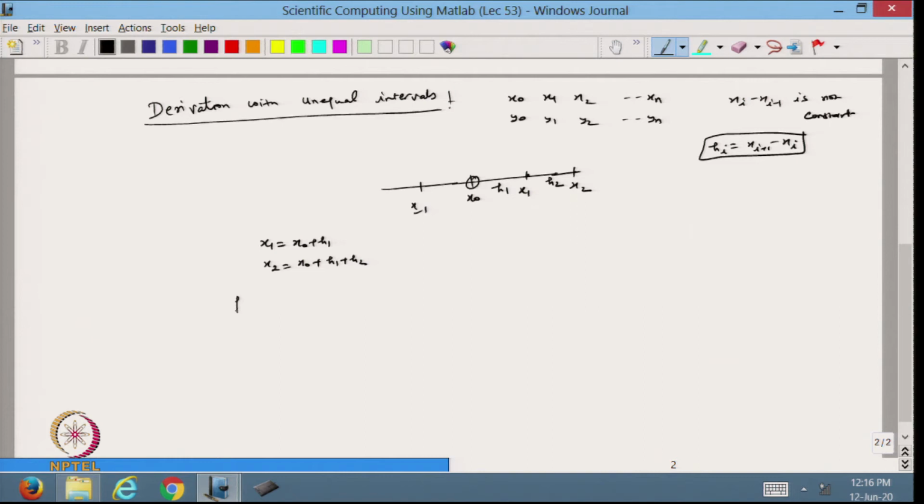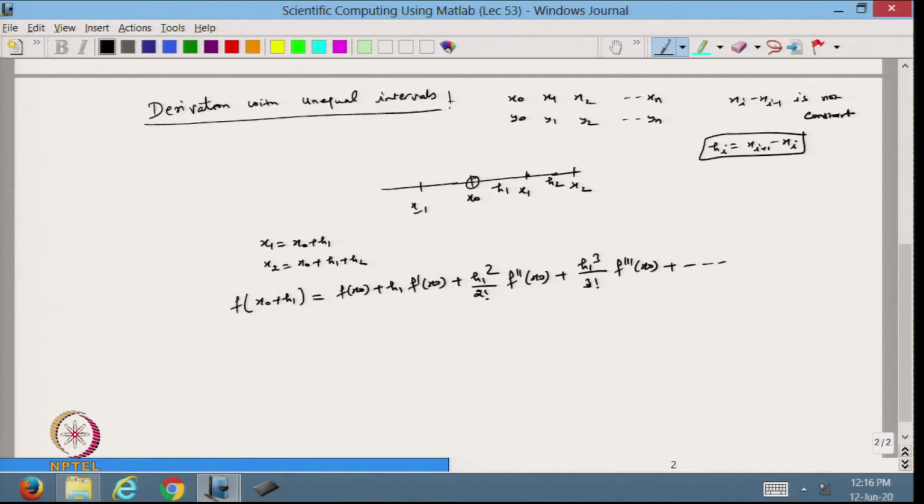So let us write the Taylor expansion for f at x0 plus h1. This can be written as f at x0 plus h1 f dash x0 plus h1 square by 2 factorial f double dash x0 plus h1 cube by 3 factorial f triple dash x0 and so on.